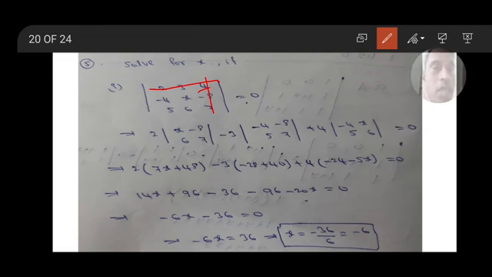So simplification, 2 into 7x, 4 into 6, 6 into 8, 48, minus of minus plus 7x plus 48, minus 3 into 4 is 7, 28, minus of minus means plus 40, plus 4 into 6 minus 24, minus 4 into 6, minus 5 into x, minus 5x.